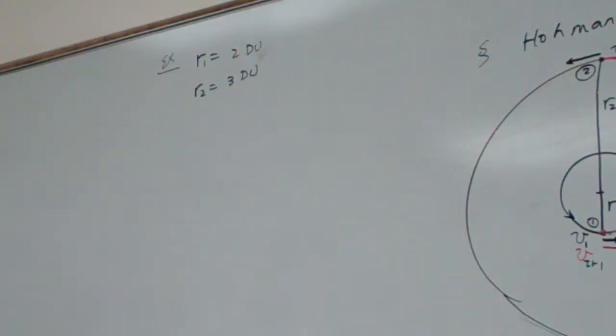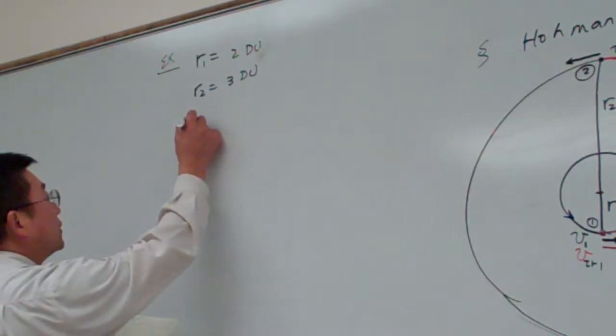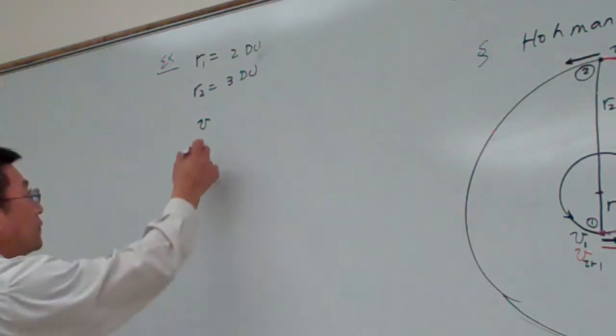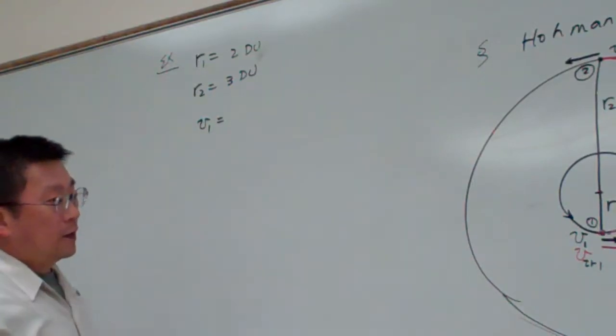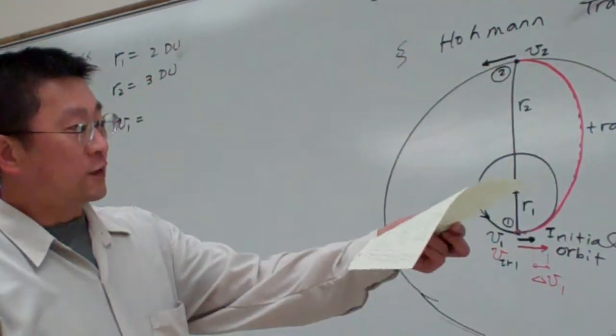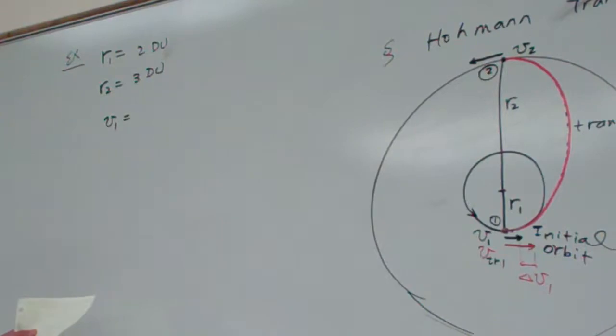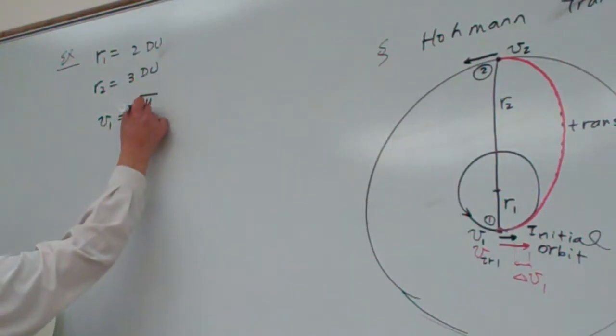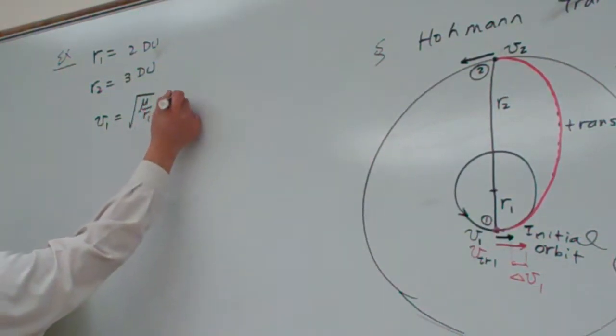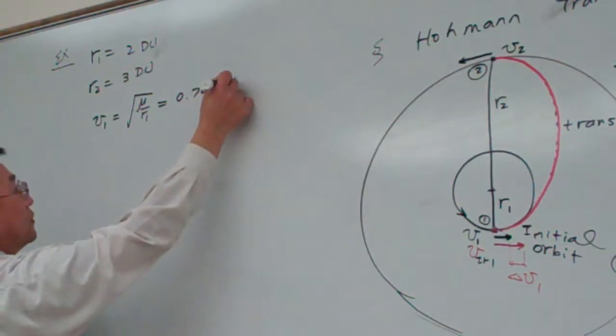So with this information, we can calculate. Therefore, from here you can see we plug in all the information there. V at V1 equals the square root of mu divided by R1, so that is 0.707 DU/TU.